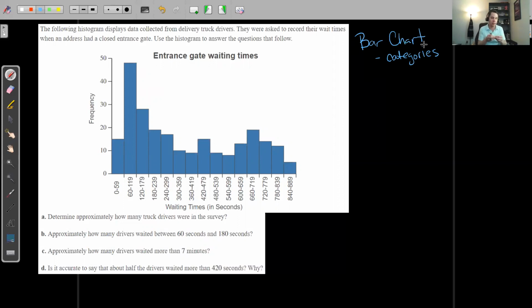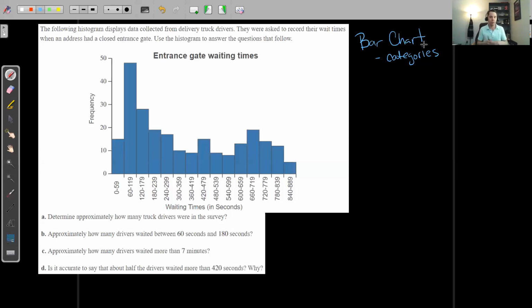And the key thing is a category cannot be averaged. So if I ask you what class rank are you and you say freshman, and then another person says sophomore, another person says junior and senior, and I say, okay, what's the average class ranking? And you're like, how do I average freshman plus sophomore plus junior plus senior? That doesn't make much sense.